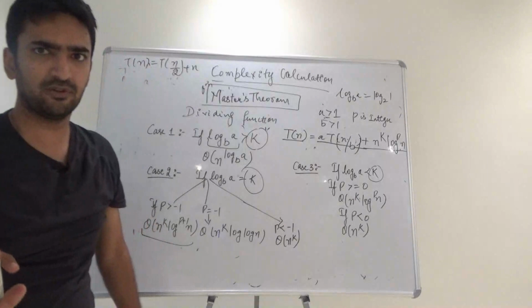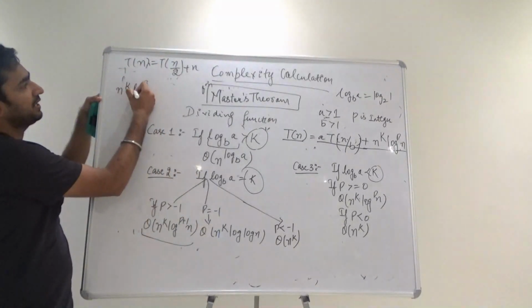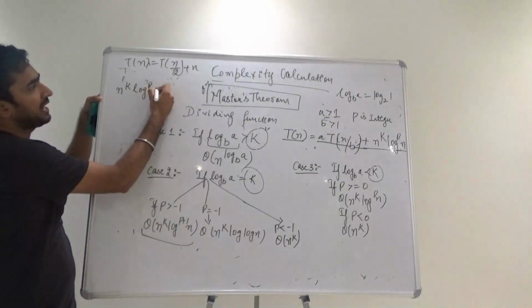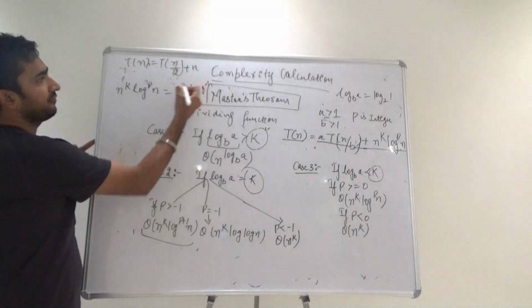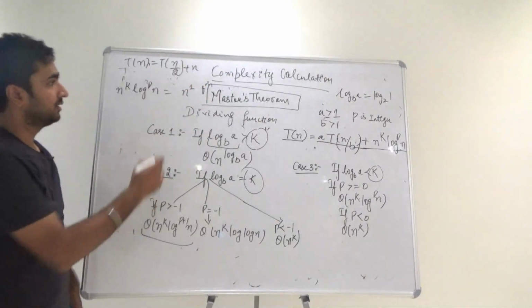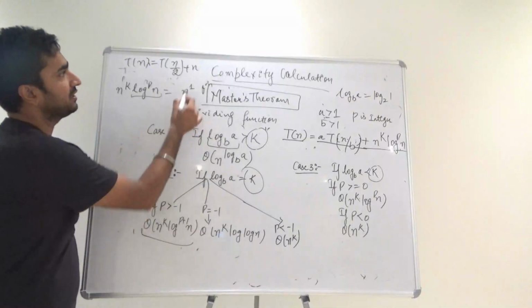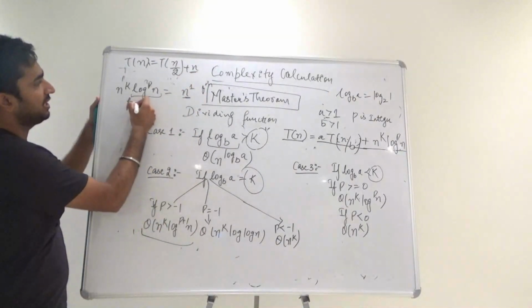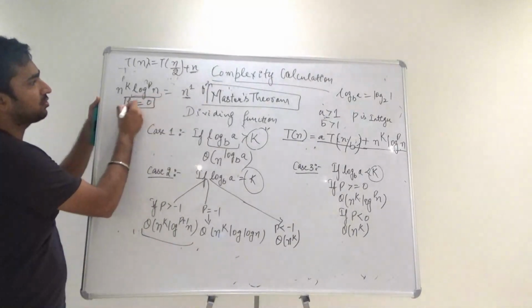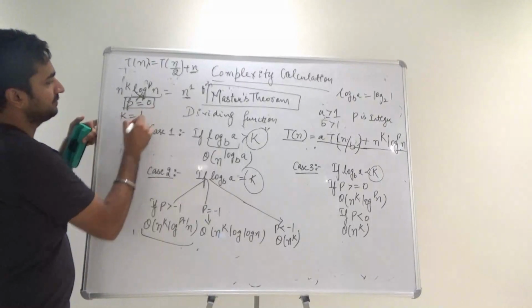Whatever the value is, we have to calculate the log of 1. Then we have to compare it with n raised to power k log^p n, which is equal to n. Clearly guys, there is power of 1 over here. This is power of 1, and what is log^p n? There is no log given in this particular term. So it means your p value is 0 clearly because there is no log, and your k value is 1.